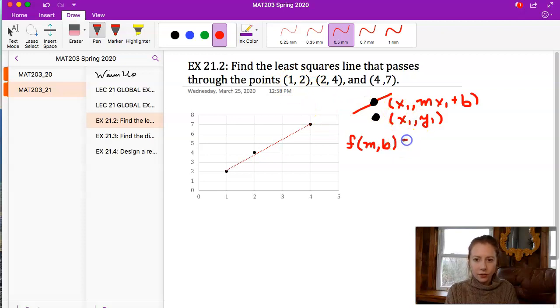Okay, so this is going to be (m x1 plus b minus y1) squared. Okay, so the square area.